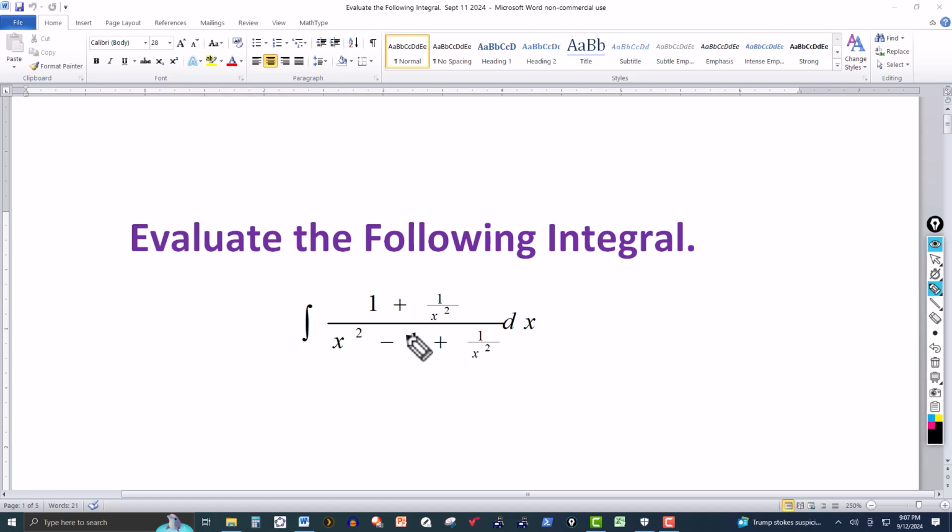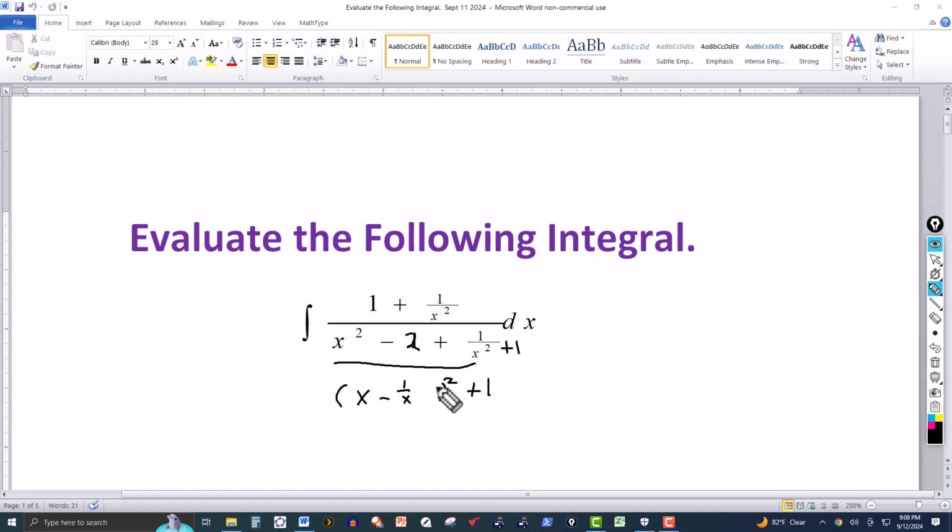Well, I'm going to make this a minus 2. That's legal if I put a plus 1 over here, because minus 2 and 1 will still give me a minus 1, which is the same thing. And then this part right here is the same thing as (x minus 1 over x) quantity squared, plus 1. Check it out.